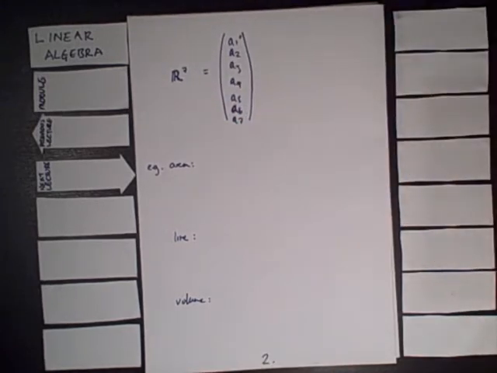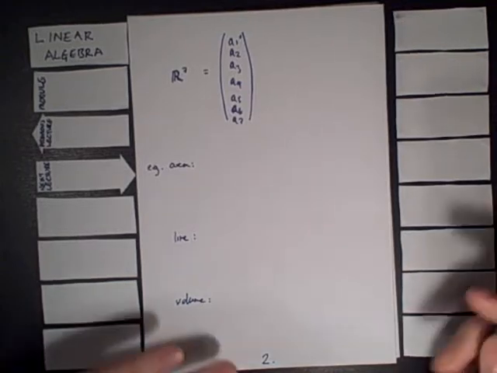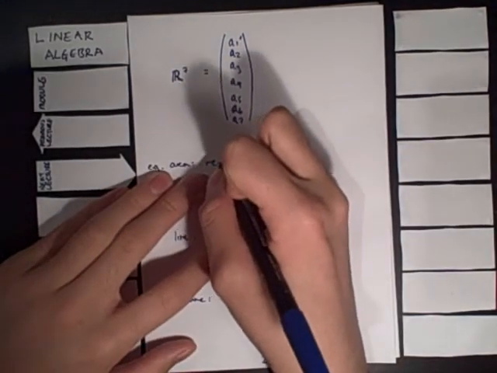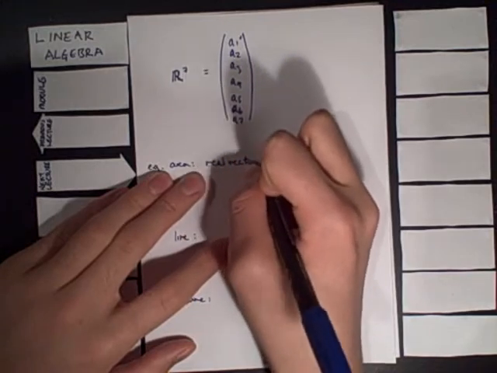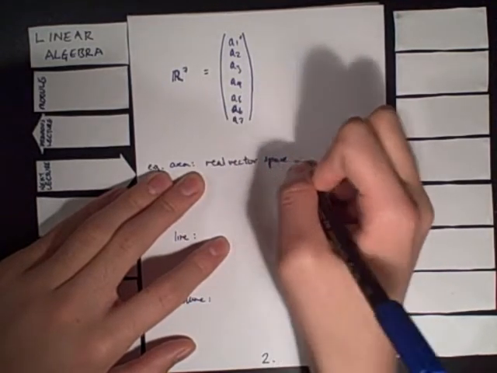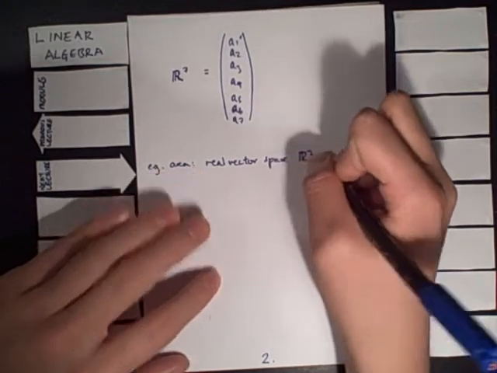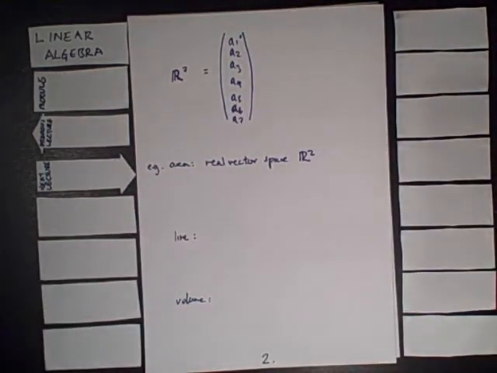So to give you some intuition about what we're doing here, when we talked about the third floor of the block of flats, that would be a real vector space in R squared. So area relates to R squared.